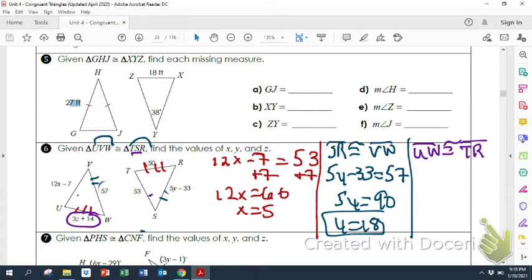So then we can say 3z plus 14 is equal to 50. And then we know that 3z is equal to 36. And hopefully you determined that z, of course, divided by 3 is equal to 12.